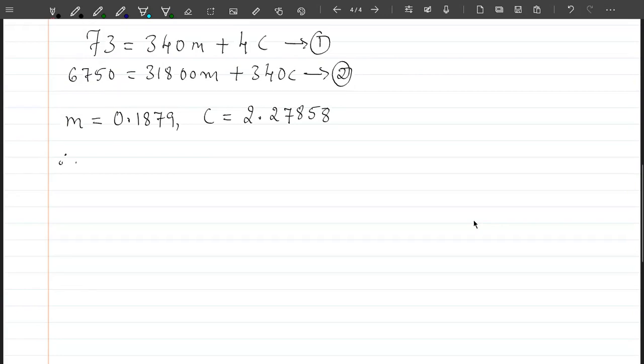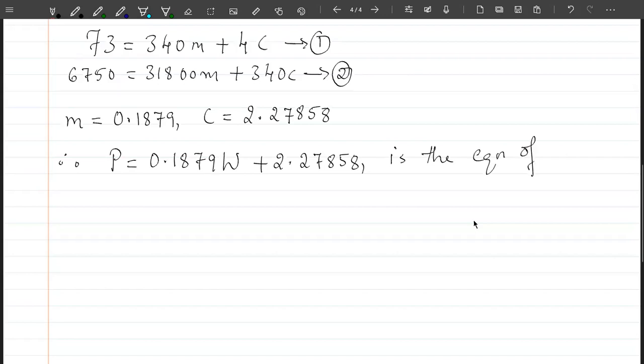Therefore, the equation of the straight line is P equal to 0.1879 W plus 2.27858, which is the equation of the straight line of best fit.